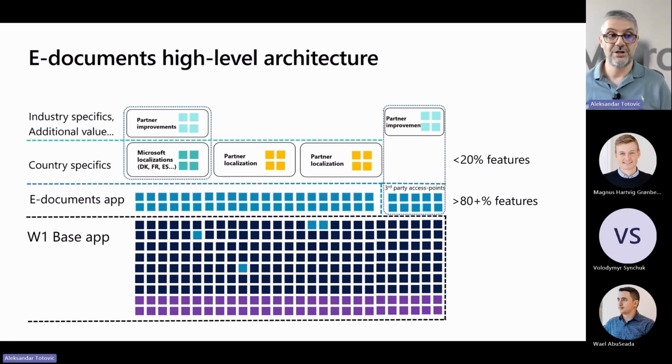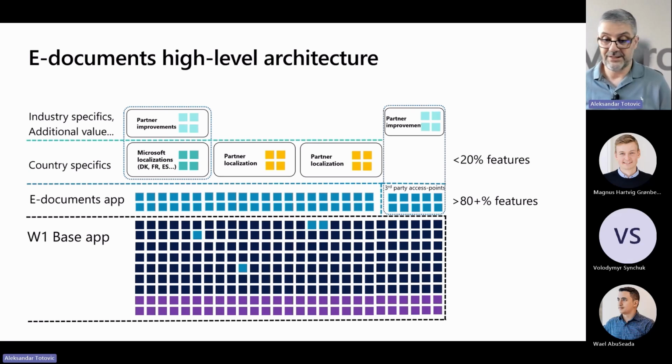But there is also an opportunity for third-party access points. Third-party access point providers, not ours, in general, third-party access point providers, will be able to extend these features of these apps as well. Now I'm talking about the third-party access points app.